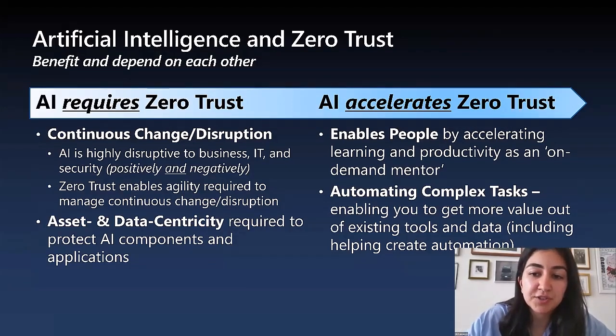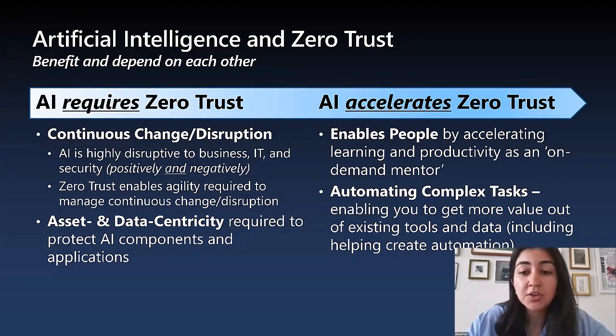And this is where I think zero trust becomes really essential. As we talked about at the beginning, generative AI introduces continuous change and, quite frankly, disruption, which is very powerful for innovation, but very difficult when we think about legacy approaches. Because zero trust assumes breach, because we think about verifying explicitly every single time and policies like least privilege, when you apply that to AI, it means really locking down your posture.